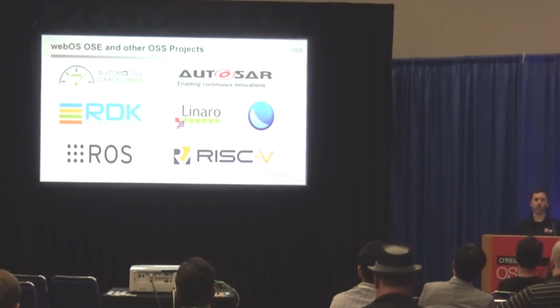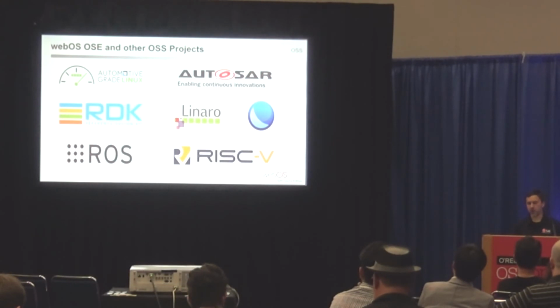It might be AutoSAR, it might be AGL, and Autoware or Apollo to do autonomous driving, all of those stacks going side by side. Linaro is presenting a way of integrating all of those different platforms together, and since they're working with AGL and we are also, we'd like to be very involved in that.